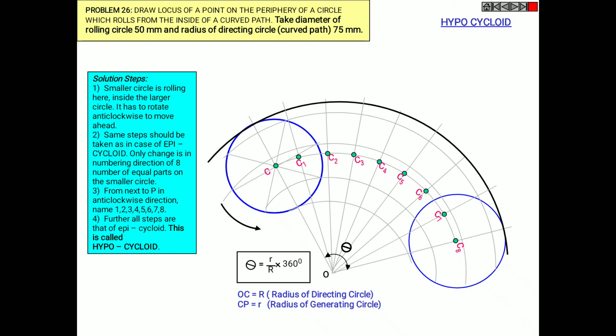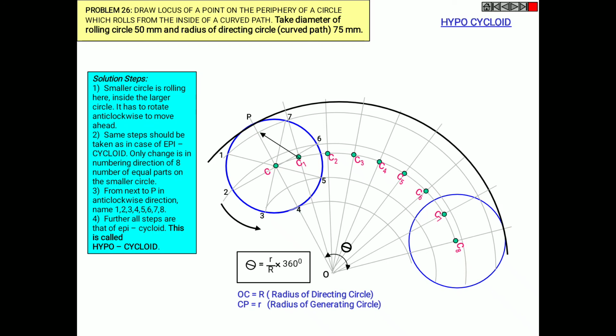Divide the circle into 8 equal parts, and the arc also into 8. But the difference between epicycloid and hypocycloid is to mark the points in anti-clockwise order. Previously it was in clockwise order, but here it is anti-clockwise, and the rest of the steps are the same.